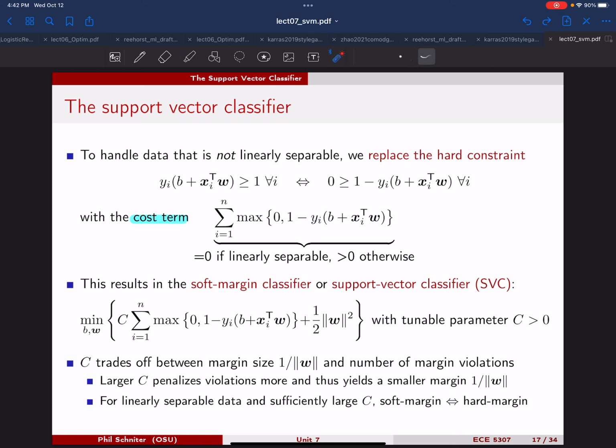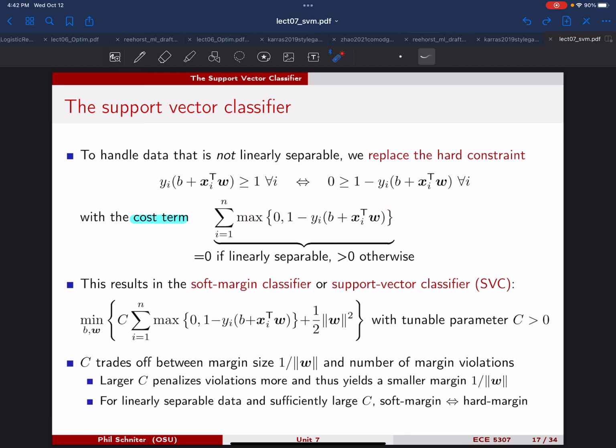We said that if our data is linearly separable, all these guys will be negative or at most 0. In that case, this maximization is taking the maximum value of either 0 or this term. So if the data is linearly separable, then for all the different i, this term is 0 or less. So when you take the maximum, you get 0. And you sum that up for all the i, and you get 0.